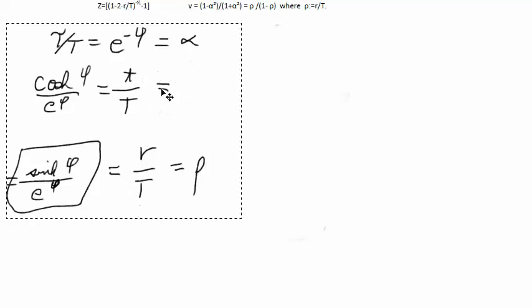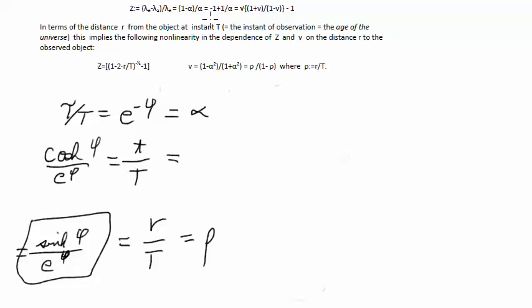Okay, here are the identities that I'm going to use. Alpha, or tau over t, equals e to the negative phi. Little t over capital T is cosh phi over e to the phi. And r over t is rho, which is sinh phi over e to the phi. And we'll have to plug in z. Z is 1 over alpha minus 1, which would be e to the phi minus 1.